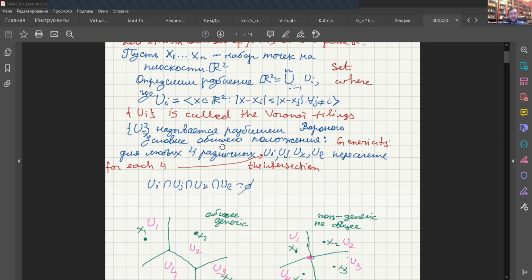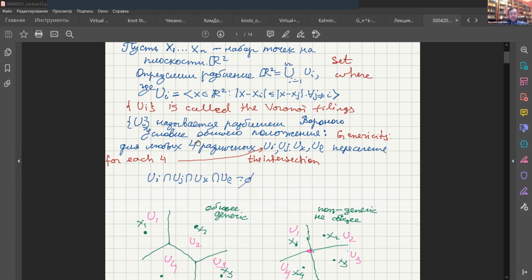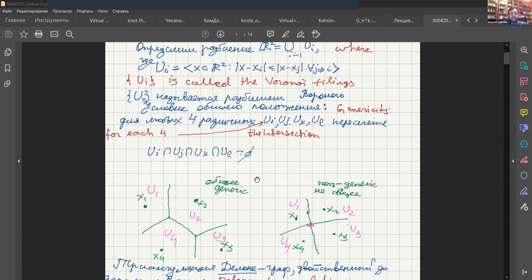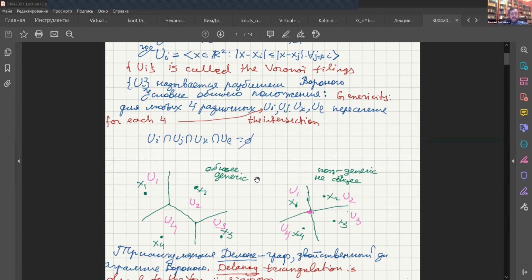And so now we are interested in the general position situation. So the general position situation is when this tiling gives rise to some graph of valency 3. Well, actually, when I say graph on the plane, I mean that something can have infinite edges.